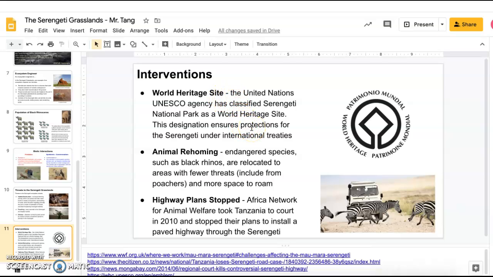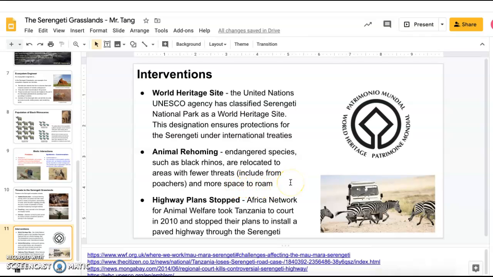There's a lot of international protections that many countries have agreed upon, especially countries that are part of the United Nations. So that's one. Animal rehoming. This was one that I got from the WWF website. That's where they relocate an endangered species to a different area in the ecosystem where there's fewer threats and more space for it to roam around.